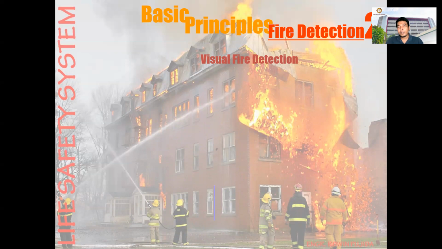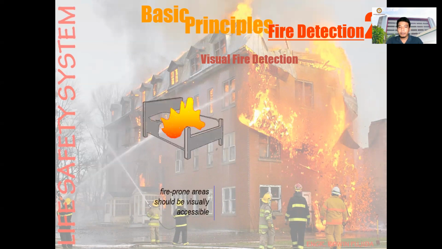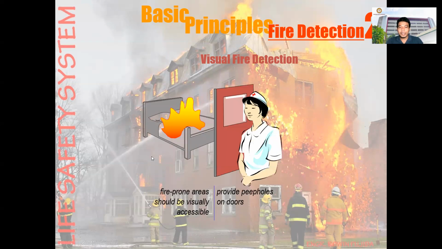Maybe this is for architects to design the hospitals, but at least we know about the basic knowledge of design for hospitals. Visual fire detection. So fire-prone areas should be visually accessible.